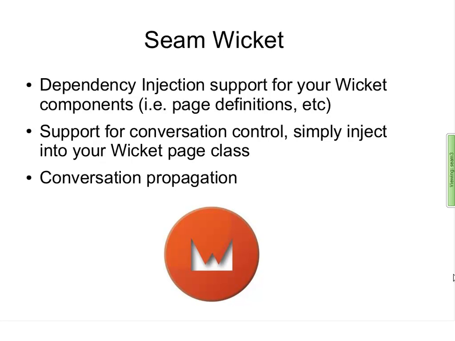The other thing this module does is provide conversational support for your Wicket views. So you can inject the conversation object into your Wicket page definition and begin or end the conversation from there. So you've got full control over the conversation. And it also supports conversation propagation between requests.